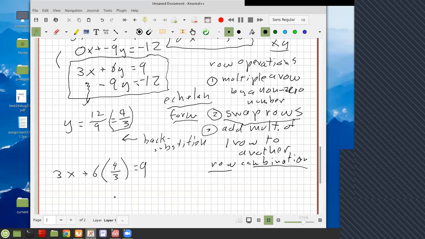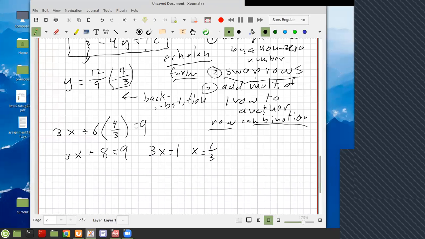Then we can solve this for x, because it only has one variable, since I've eliminated the y variable. This is plus 2 times 4, which is 8, equals 9. Subtract 8 from both sides and get 3x equals 1, and then x equals 1/3. So I found that y equals 4/3 and x equals 1/3.